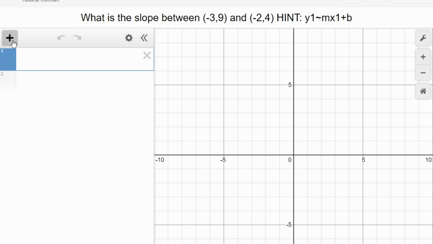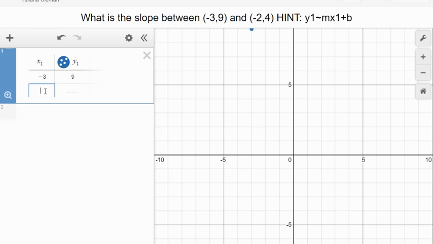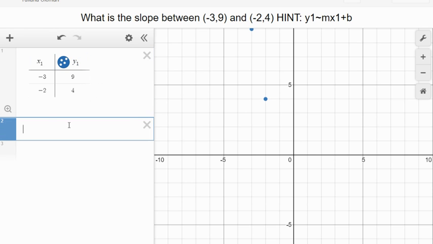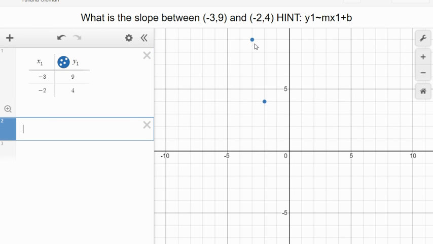Okay, we're going to add a table, and you're going to type those points in. So you're going to type in -3 and 9, and then you're going to type in -2 and 4, right? I want to make sure this is x1 and y1. If it says x2 and y2, I always want to change that back, because otherwise it's not going to match. And so notice it went ahead and put the points there.